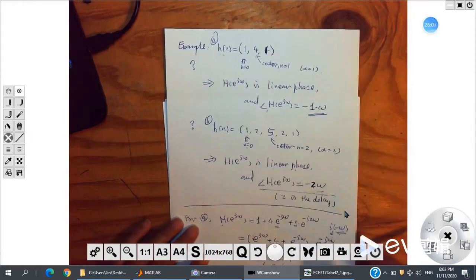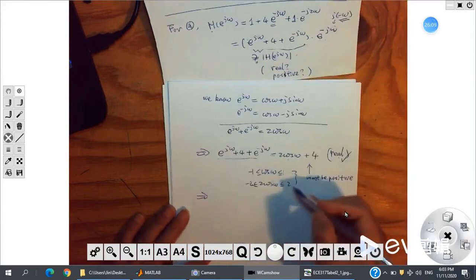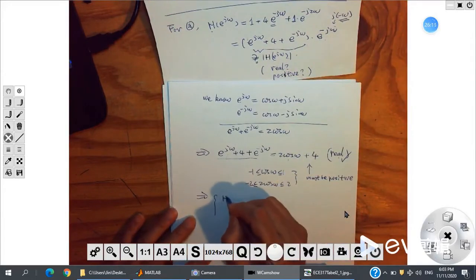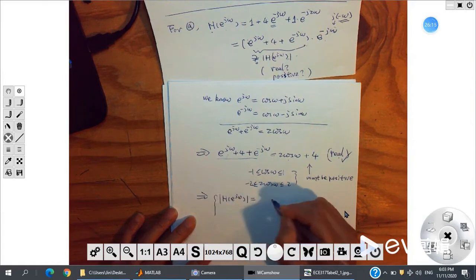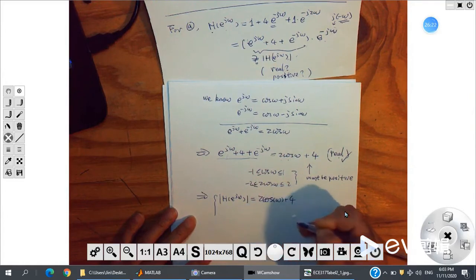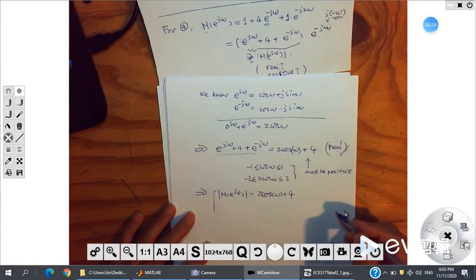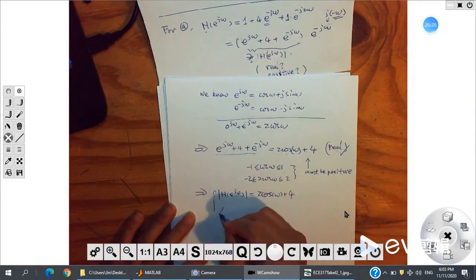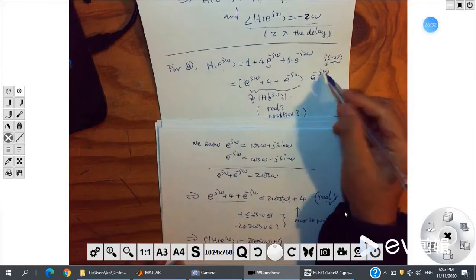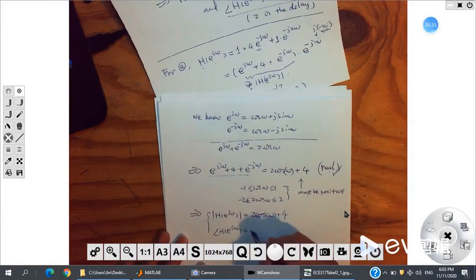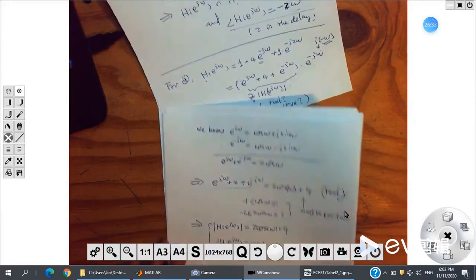Okay, so now we can claim our result. The magnitude of H of e to the j omega equals 2 cosine of omega plus 4. And the angle of H of e to the j omega is just negative omega.